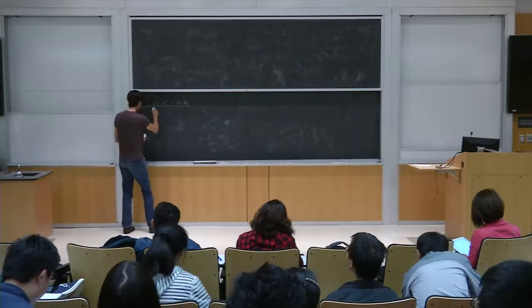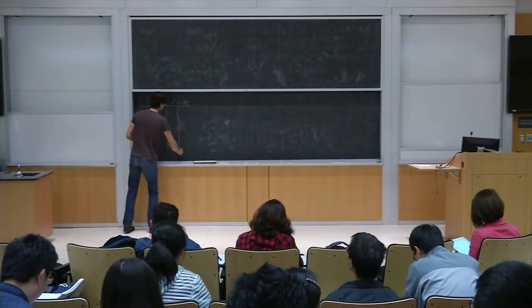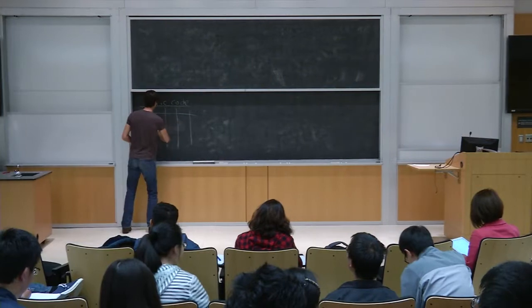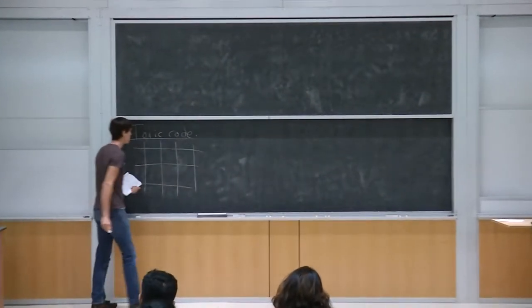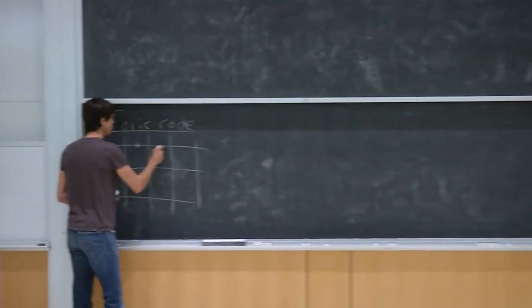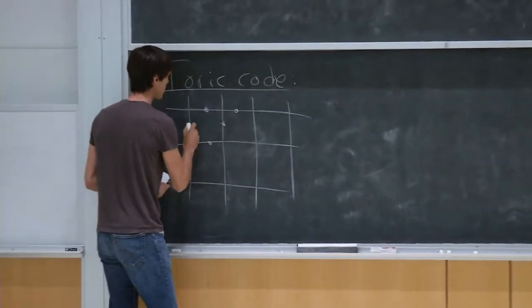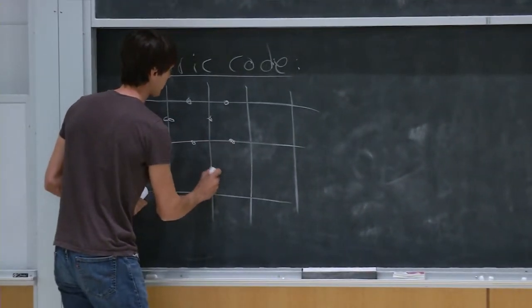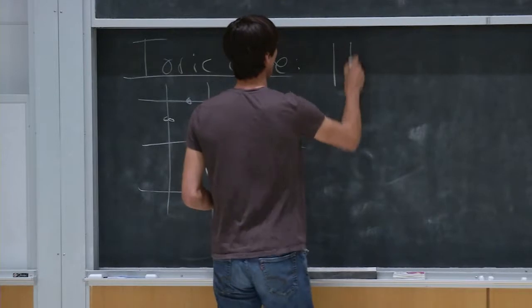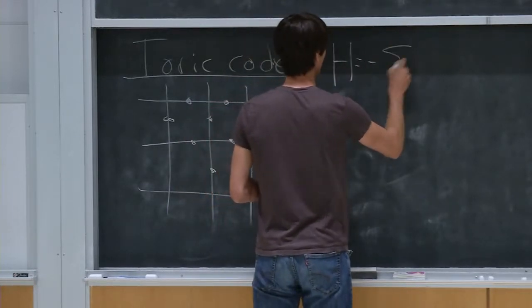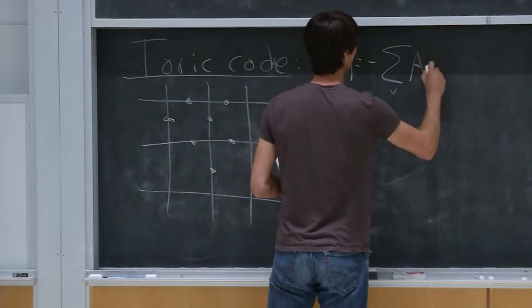Remember what the toric code was. This was a lattice model in 2D. I had spin 1/2 living on the links of a square lattice. I had a Hamiltonian which was made out of two kinds of terms.